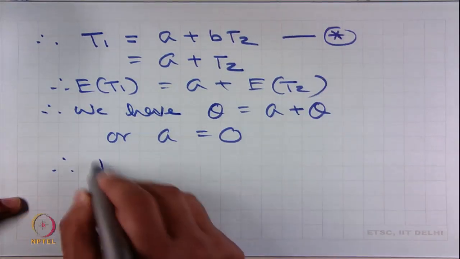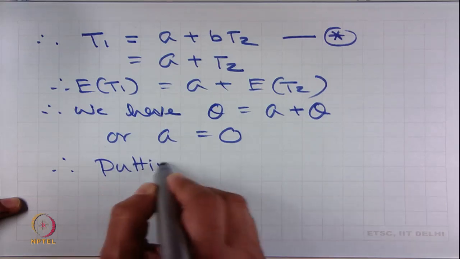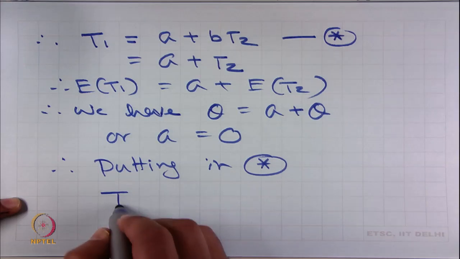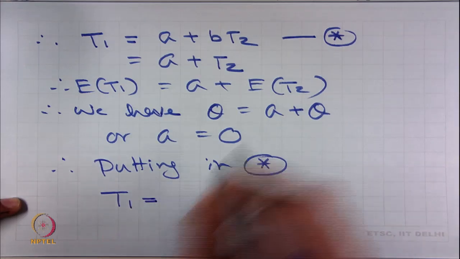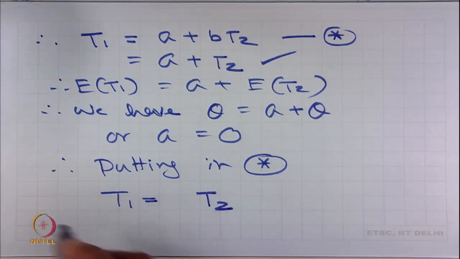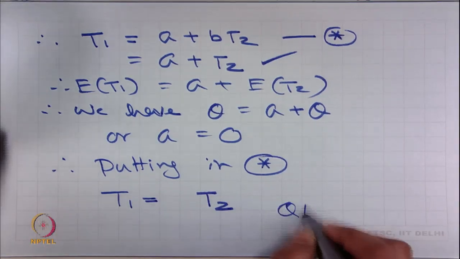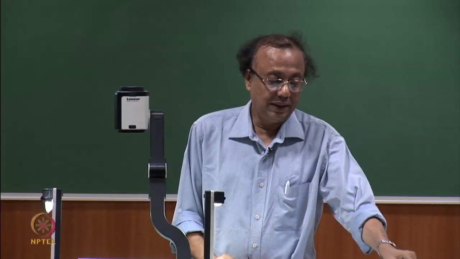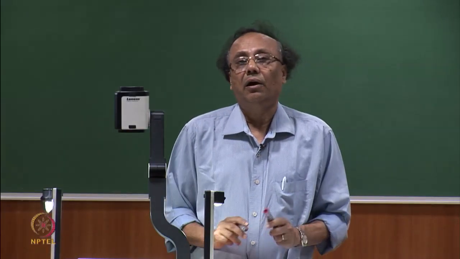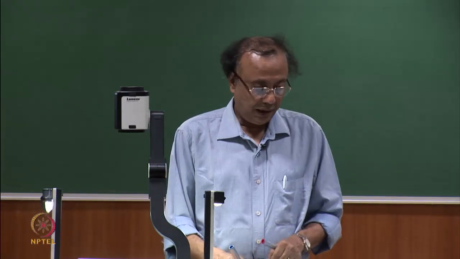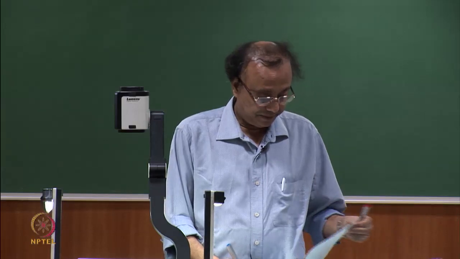Therefore, putting in star, T1 is equal to T2. QED. That means there can be only one minimum variance unbiased estimator.